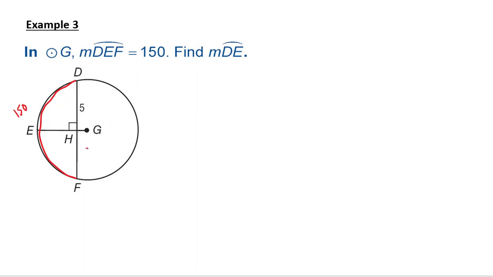That means that HF is equal to DH, and also that arc DE is congruent to arc EF. So if the whole thing is 150, I cut that in half to get 75.